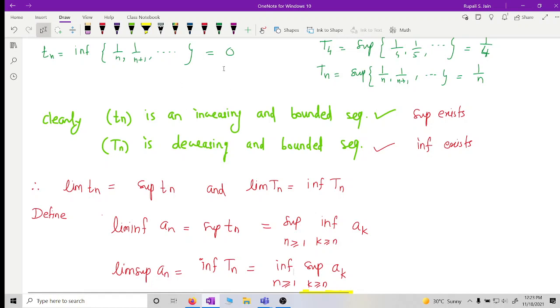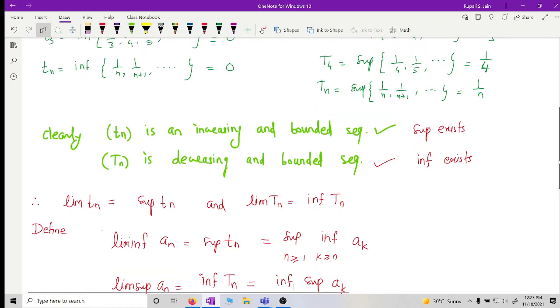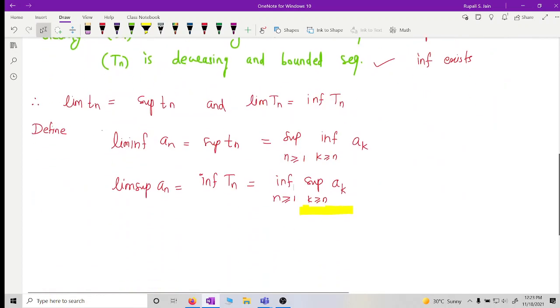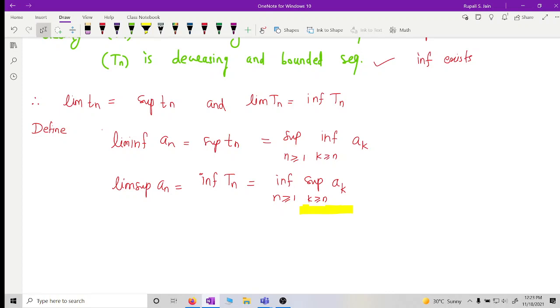Tn is nothing but my 0 only. T1, T2, T3 all are 0 only. So what is the supremum for that sequence? So what is liminf of 1/n? It should be 0 only.